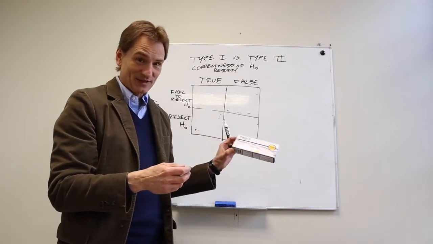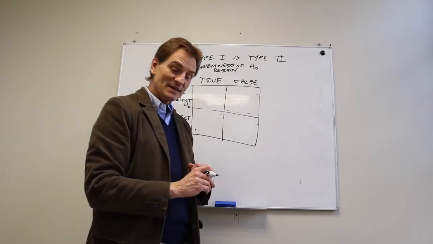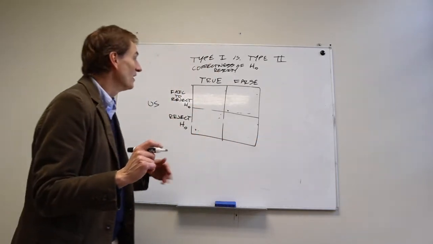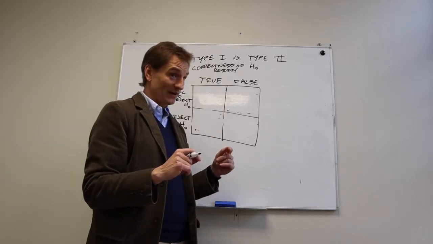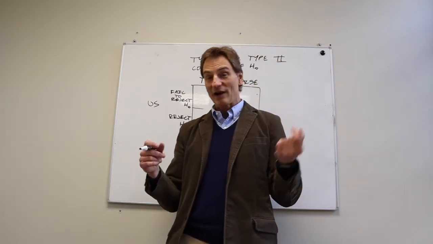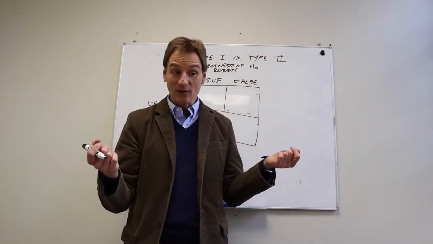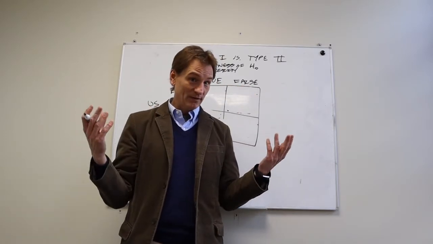So that means the alpha's at 0.01. Okay, so what does this mean? Well, the first thing that we have to determine is the correctness of the null hypothesis. So what is our null hypothesis? Is it that you're pregnant or that you're not pregnant? Well, think about the people in your own family, okay?